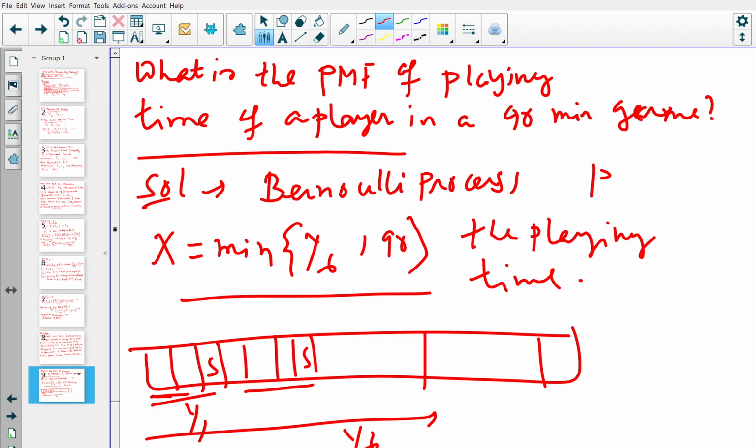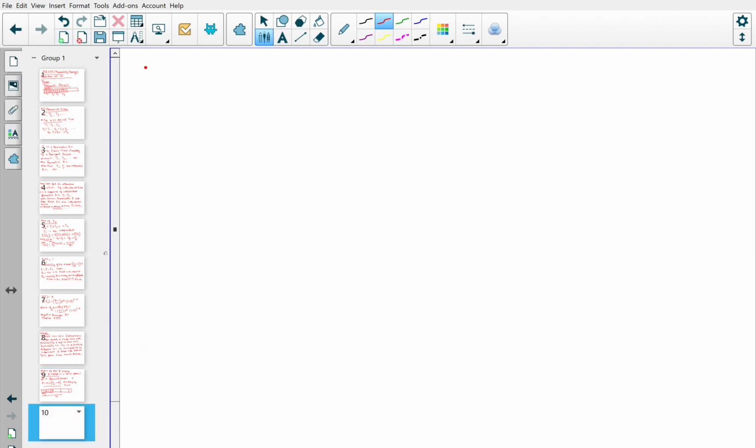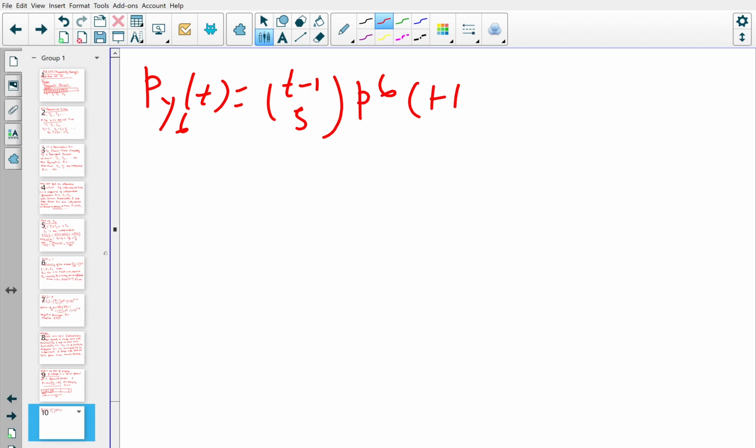So the PMF of Y6 at any time t is t minus 1 choose 6 minus 1, which is 5, times p to the power 6, times 1 minus p to the power t minus 6, and t starts from 6, 7, and so on, right? You need at least 6 minutes to get 6 fouls.